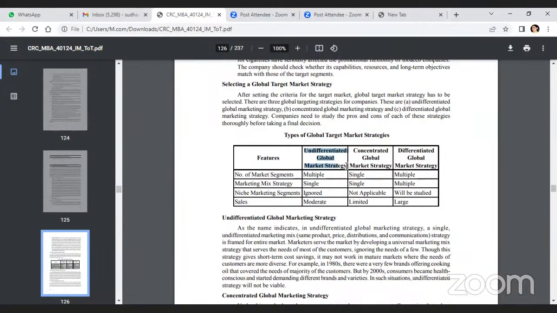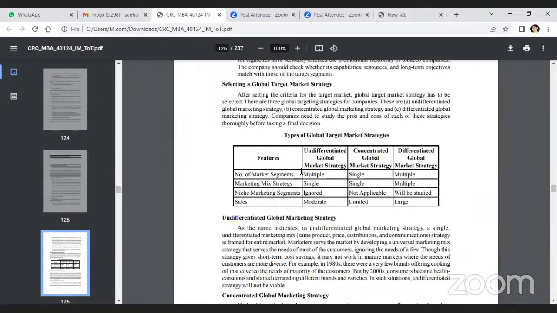Concentrated global marketing strategy means you concentrate only on a particular segment, product or consumer, and do business. Differentiated global marketing strategy means you come with different products and brands for different segments and sell the product. So like that, three different strategies are there.